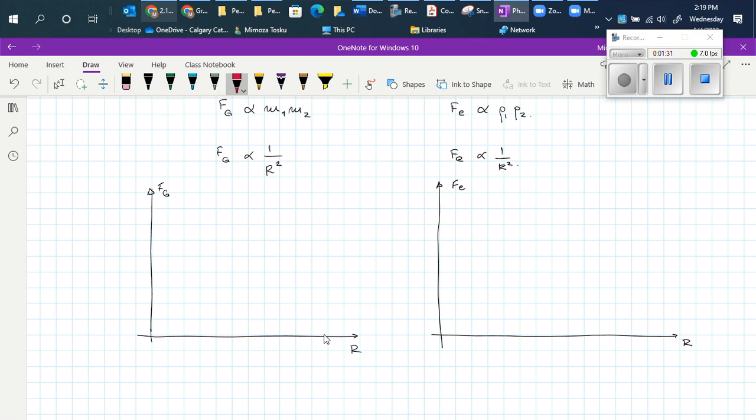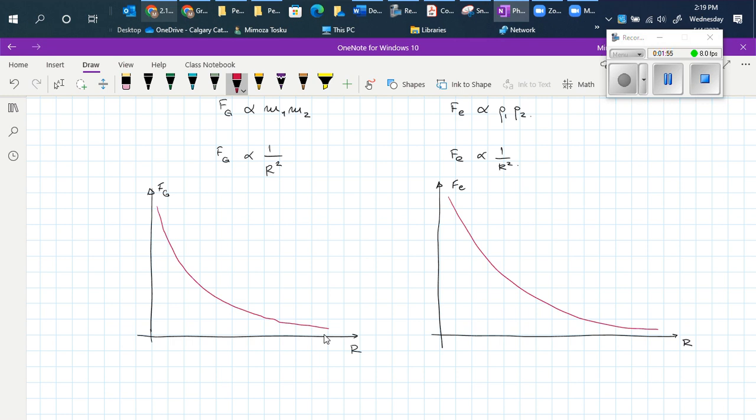What you will see is a graph that looks like this in both cases. So it's a graph that is in direct proportion to the inverse square of the distance.